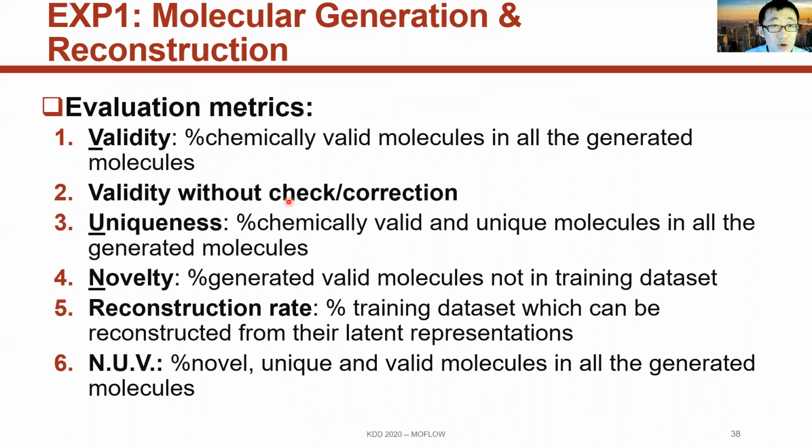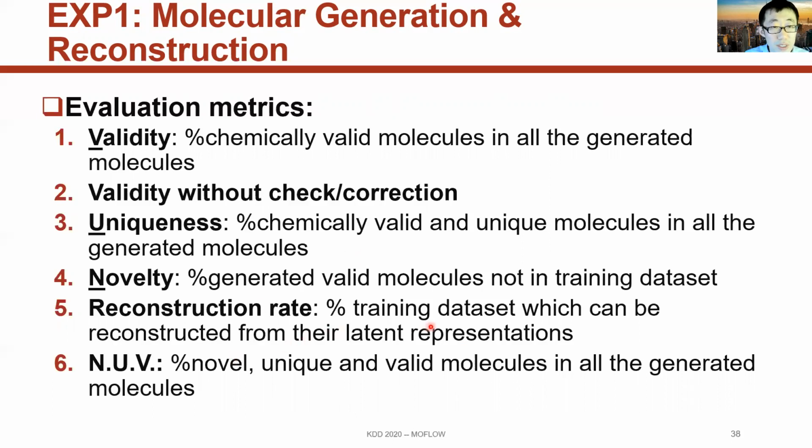Validity without correction or check, because some models use post-hoc corrections, and our models use corrections too. If our method doesn't use them, what is the validity performance? Uniqueness measures the percentage of chemically valid and unique molecules among all the generated molecules, because some models always generate duplicated molecules. Novelty is a very important one, which means generating novel molecules that do not exist in the training database.